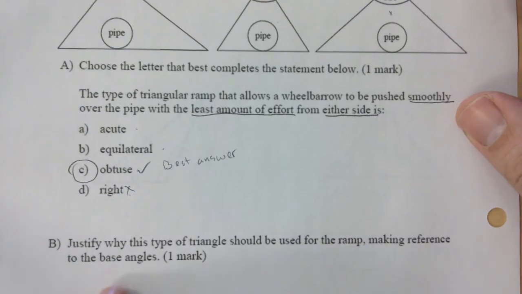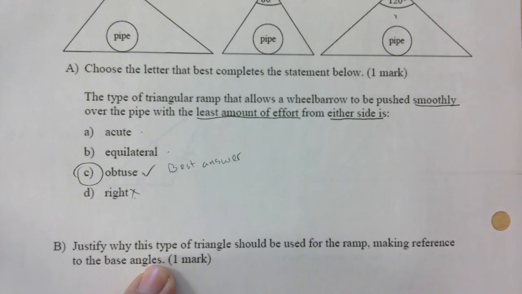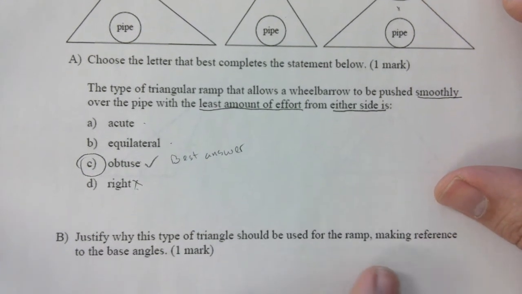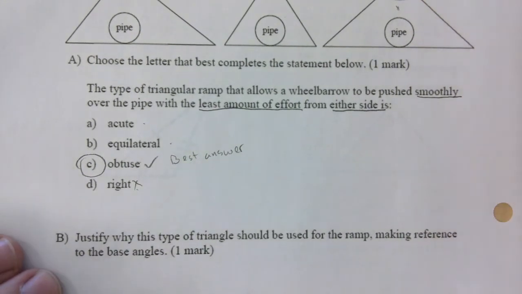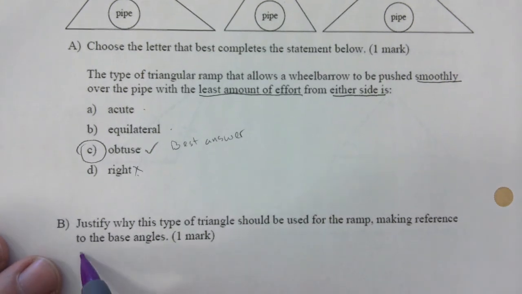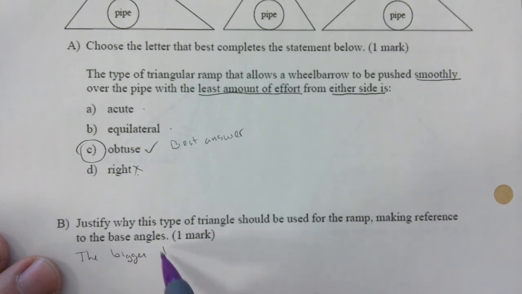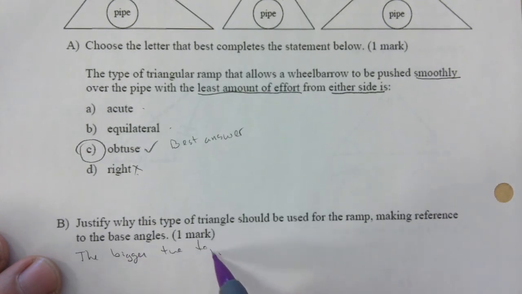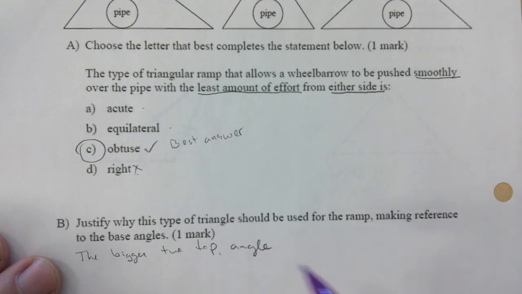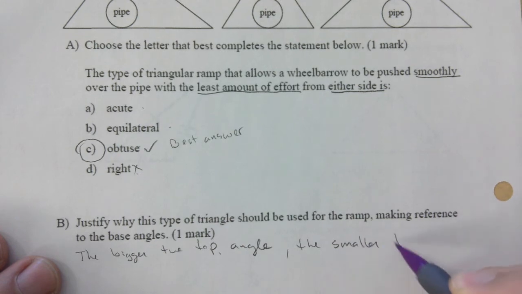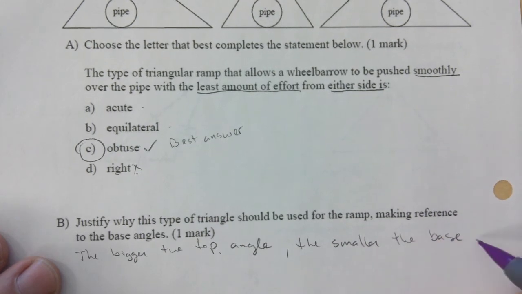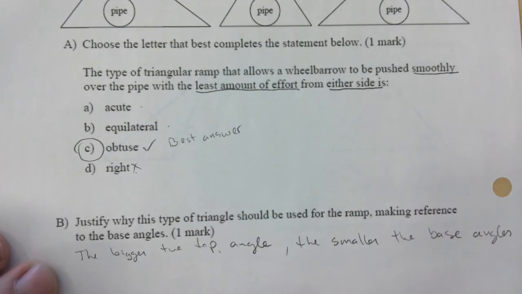And then it'll ask you to justify why this type, in this case obtuse, should be used, making reference to the base angles, right? Well, you could say something like this. The bigger the top angle, the smaller the base angles become.